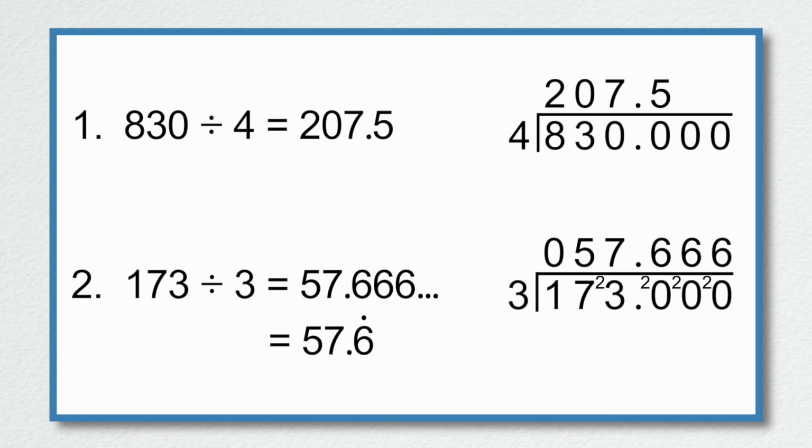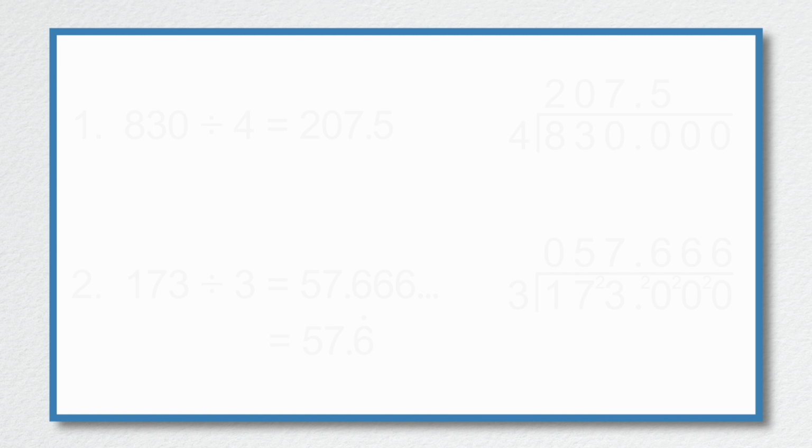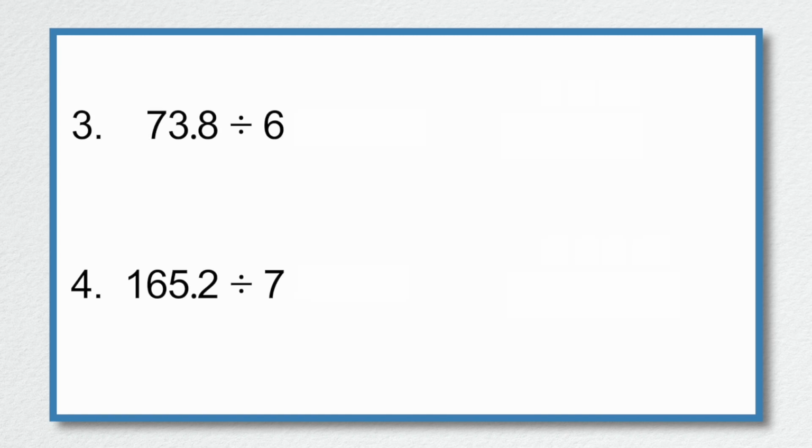I'm going to now look at decimal numbers divided by whole numbers. I'm just going to look at 2 examples because this isn't really any different to what we've been doing before. It's just that we've now got a decimal number that we're dividing into. 73.8 divided by 6.